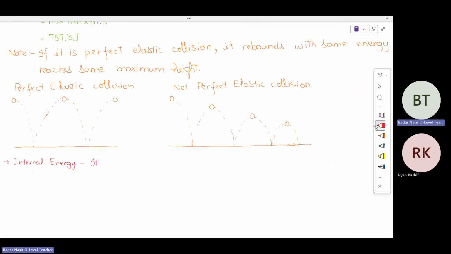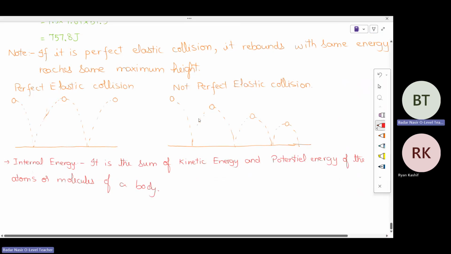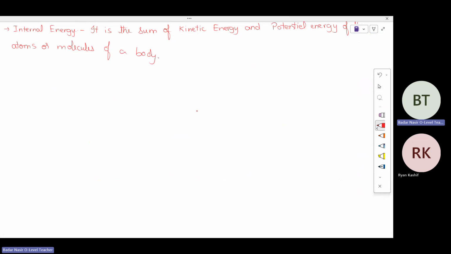Okay, so it is the sum of kinetic energy and potential energy of the atoms or molecules of a body. Okay.